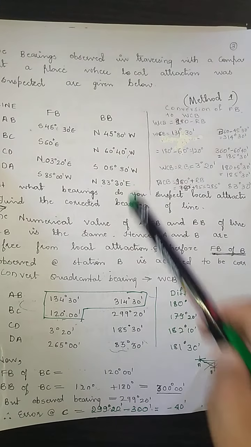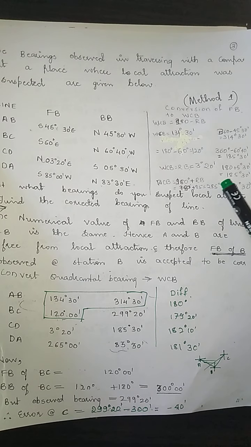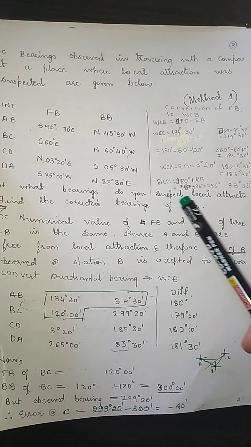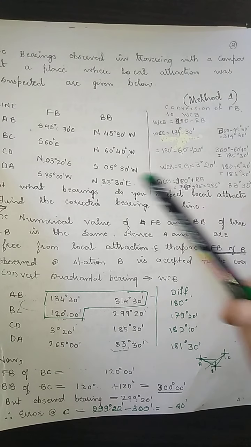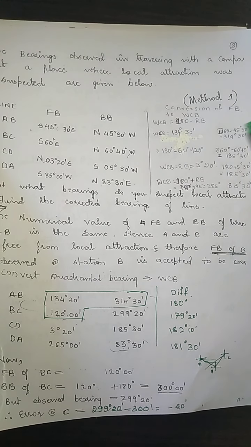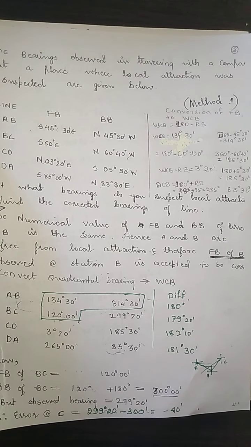Then south 5 degree 30 minutes west: 180 plus reduced bearing, so 185 degree 30 minutes. Now north 83 degree 30 minutes east: whatever the reduced bearing is, we get the same reading as the whole circle bearing. So we have done it here, and we have calculated our whole circle bearings.